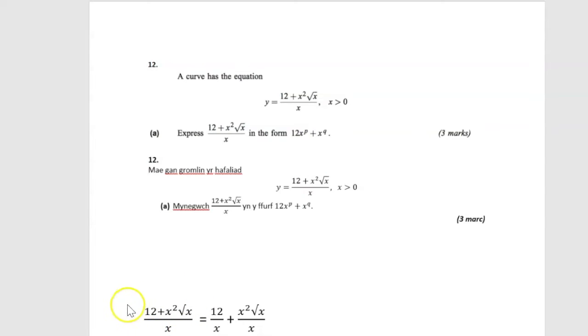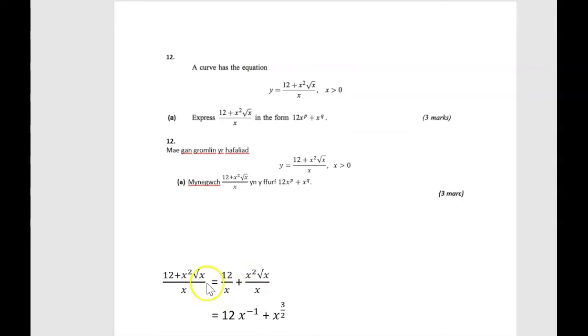Let's consider (12 plus x squared root x) over x. If we split it into the two fractions, it gives us 12 over x plus x squared root x over x. Notice this only works when it's divided by x only. If the fraction was upside down, x divided by (12 plus x squared root x), we couldn't simplify that.